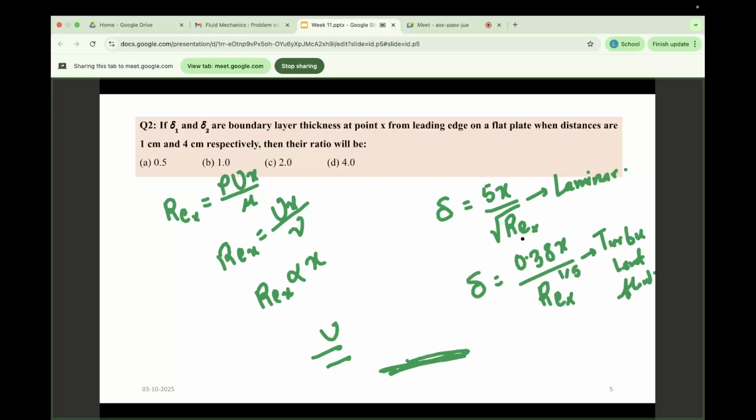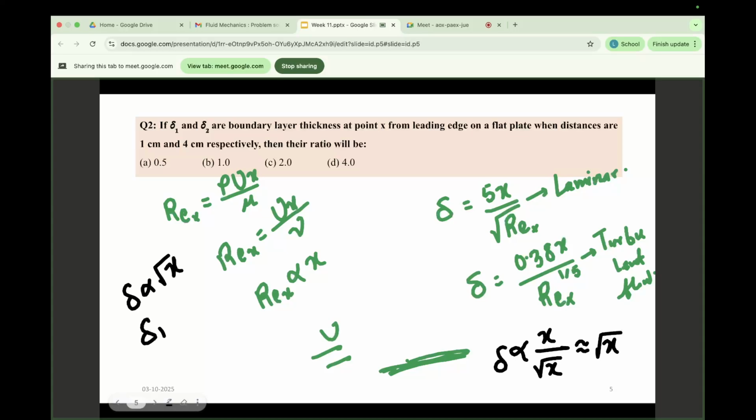So if the Reynolds number is proportional to x, I can write in this formula that this is proportional to the denominator x and the numerator can be written as root x. So it should be root x, right? So now I have got that this is proportional to root x.